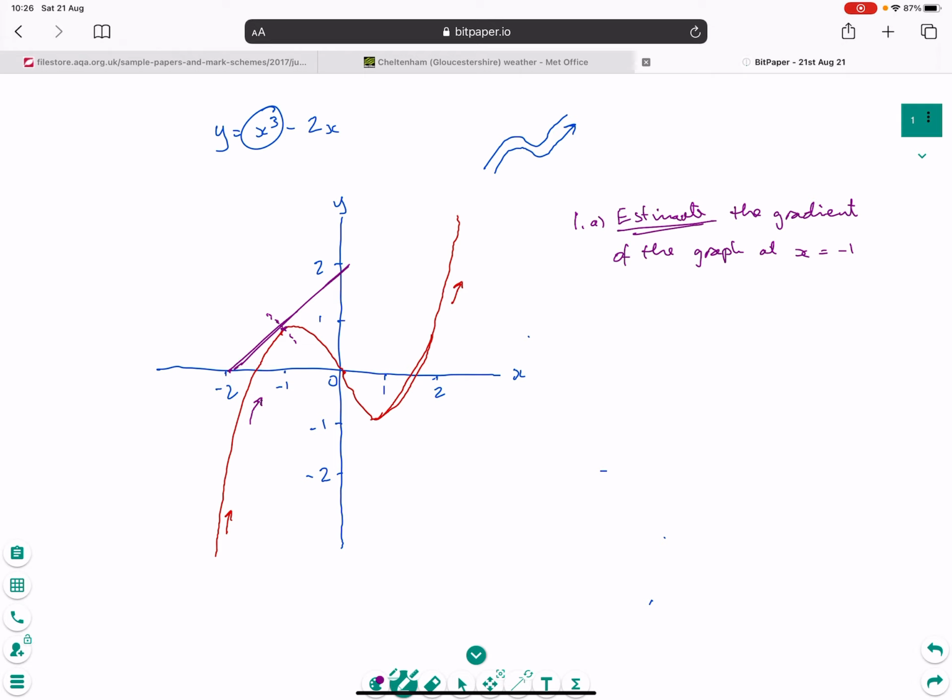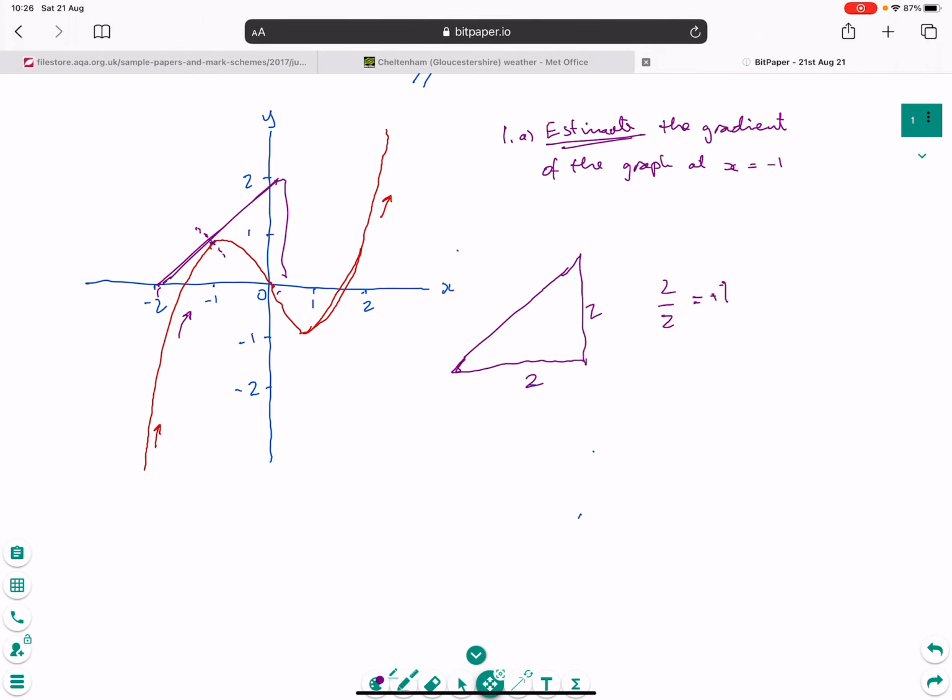If you look at that triangle, I'll transpose it down here. Well, that's 2 spaces there, and that's 2 spaces down there. So it's really like 2 divided by 2. It's a gradient of 1, and +1 because you're going up.